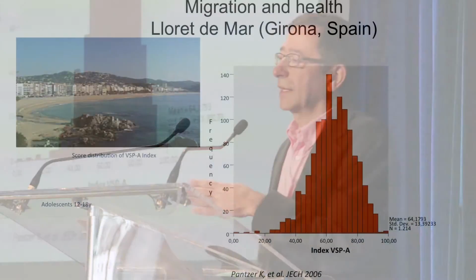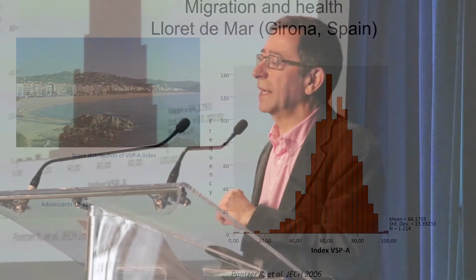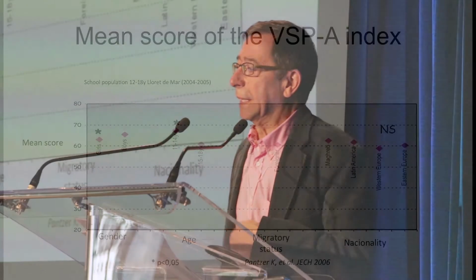Here you can see the index of the BESPA score, which follows a normal distribution. Two schools in Lloret de Mar in Spain participated, with 1,200 adolescents.